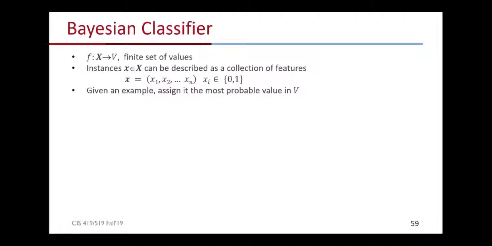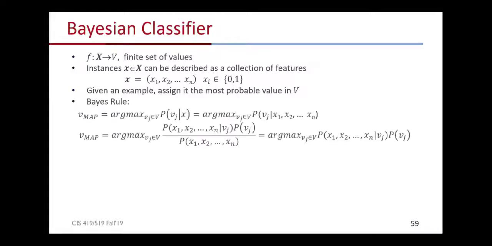So what do we want to do? We're back to making predictions. We are imagining that there is some function from x to v, a finite set of values, and we want to make predictions, choosing one of these v's given an observation x. So Bayes' rule tells us, if you want the maximum a posteriori v, do argmax over all v's of the probability of vj given x.